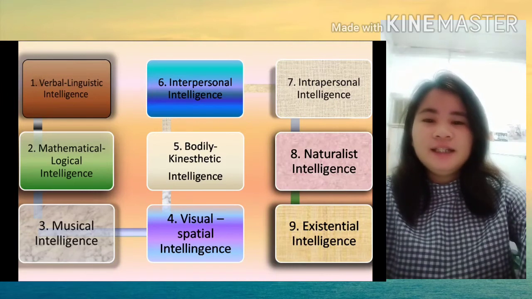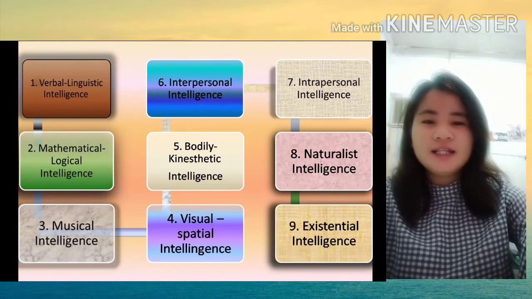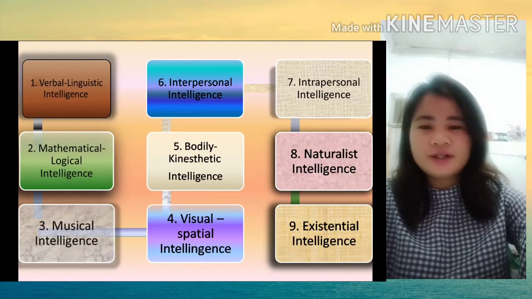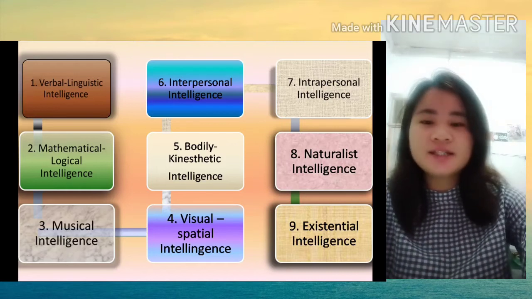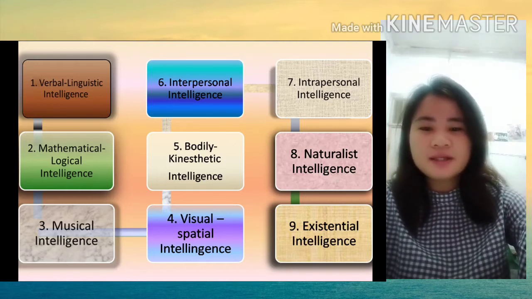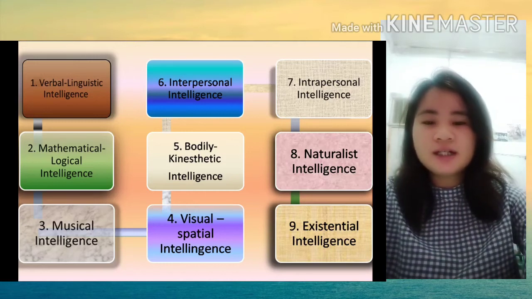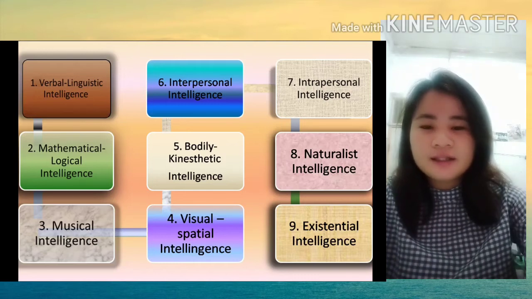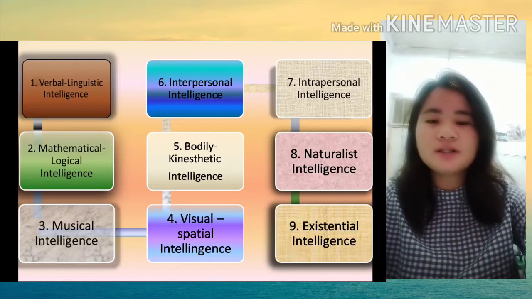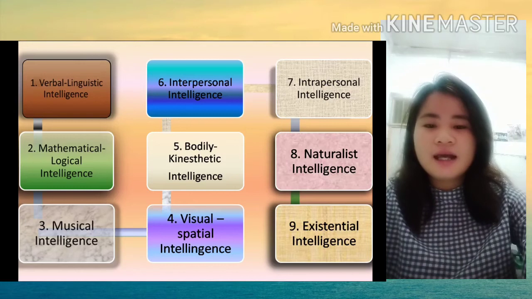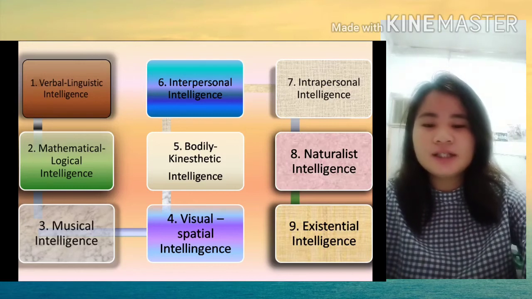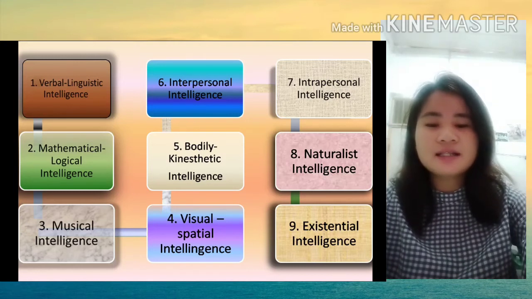The nine intelligences are: first, verbal linguistic intelligence; second, mathematical logical intelligence; third, musical intelligence; the next is visual spatial intelligence, and kinesthetic intelligence, interpersonal intelligence, intrapersonal intelligence, and the last is natural intelligence.